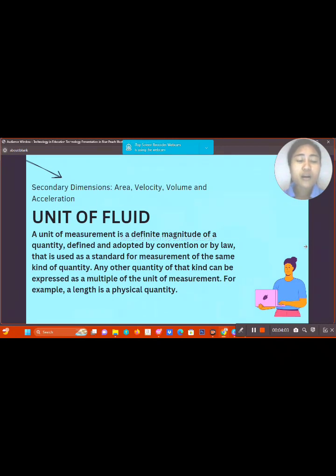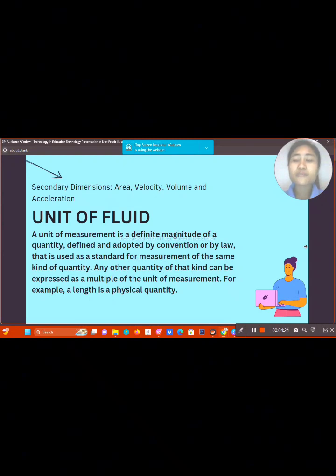So, if we have dimensions, we also have the unit of fluid. What is the unit of fluid? Human as we are, it is always important for us to have a last name or surname. Just like that, in fluid mechanics it is also important to have a unit in fluid.